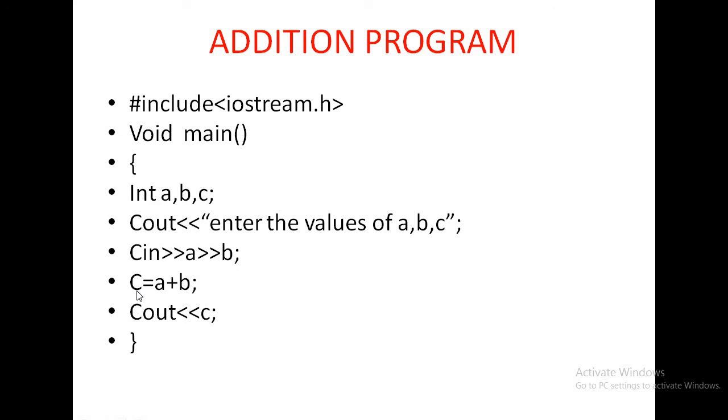Now the result is stored in C, that means the value of C is printed on the screen. So here I am writing cout C. Since I am using the cin and cout objects in my program, I must include the iostream.h header file at the top of the program, because cin and cout are objects present in C++ and belong to the iostream class.